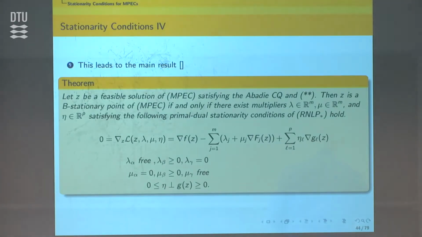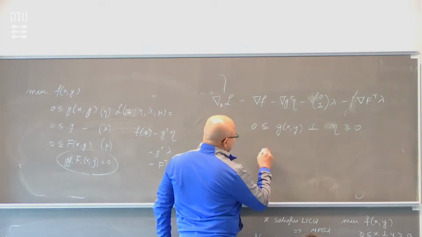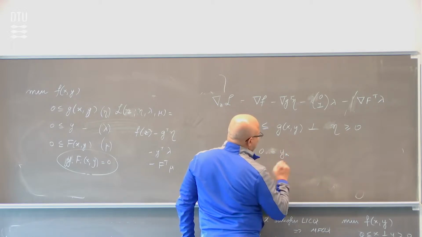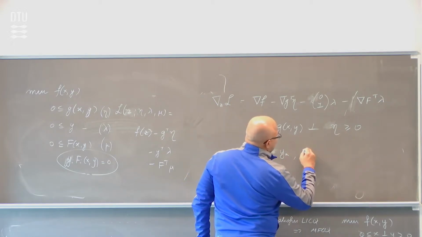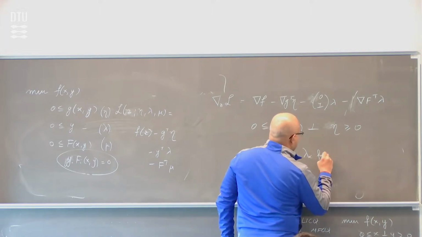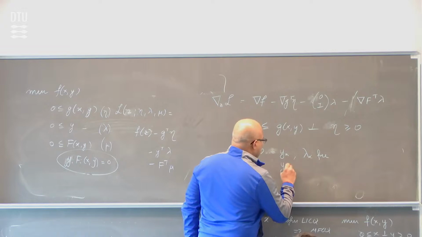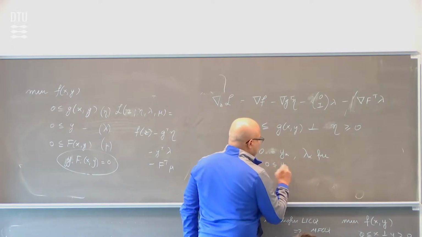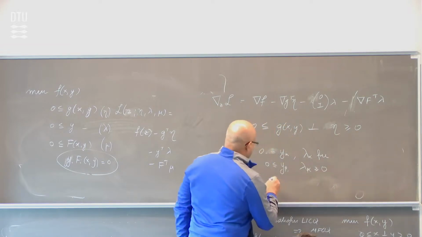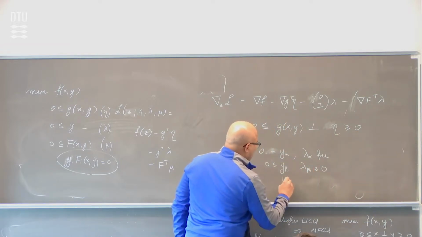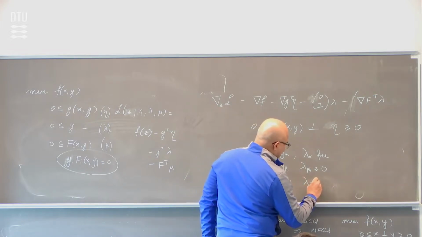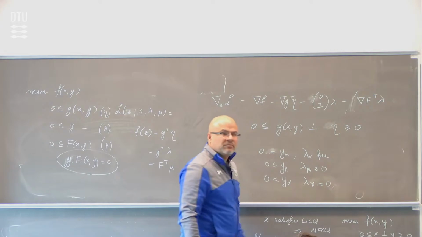So just so that you know, you have y alpha equal to 0, which means that lambda alpha is free; y beta greater than or equal to 0, which means lambda beta is greater than or equal to 0; and y gamma strictly greater than 0, which means that lambda gamma is equal to 0. Does everybody understand that?